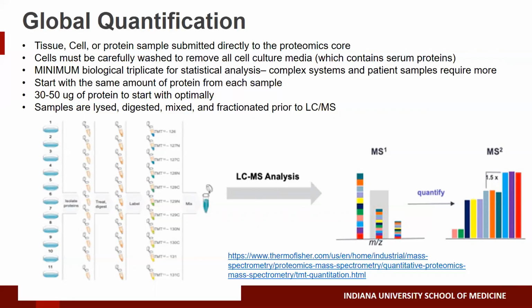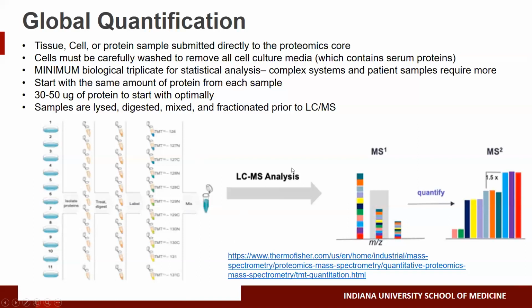And the nice thing about this is that for multiplexing, you're actually adding all this protein together after labeling. Sorry for the low resolution image, but essentially each sample will be prepared individually and labeled with a tandem mass tag, TMT label, which essentially barcodes each sample.